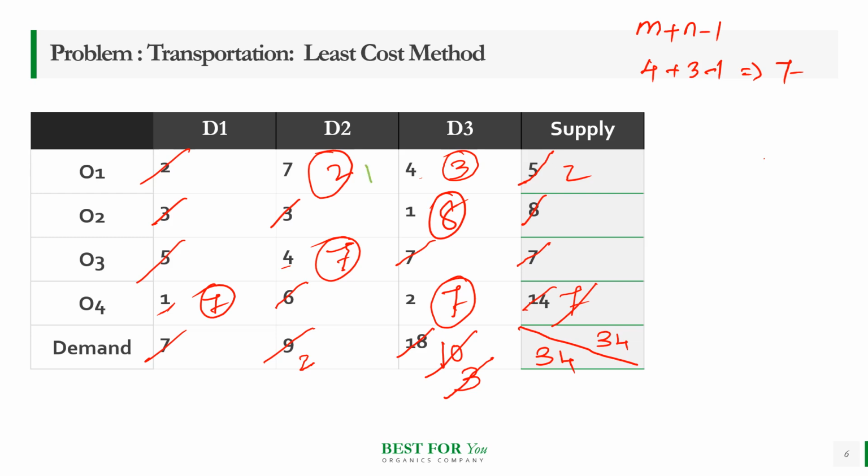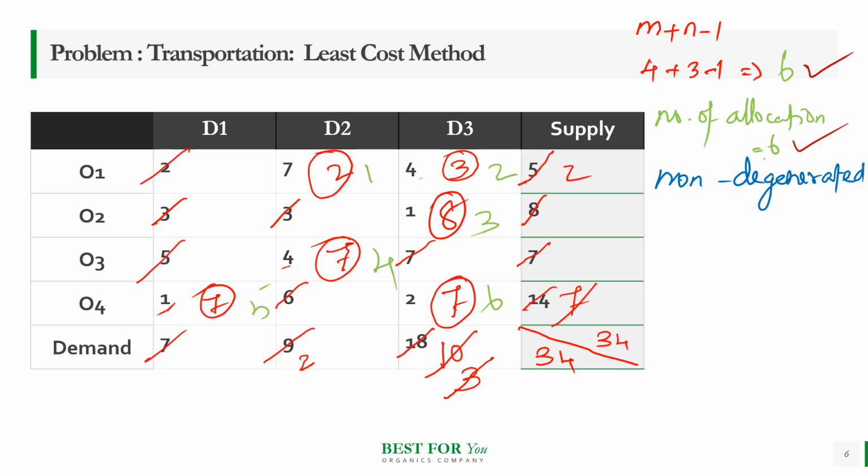This is the first allocation, second, third, fourth, fifth and sixth. Sorry, this m plus n minus 1 is not 7, it is 6. The total number of allocations is also equal to 6. So these two conditions are satisfied.